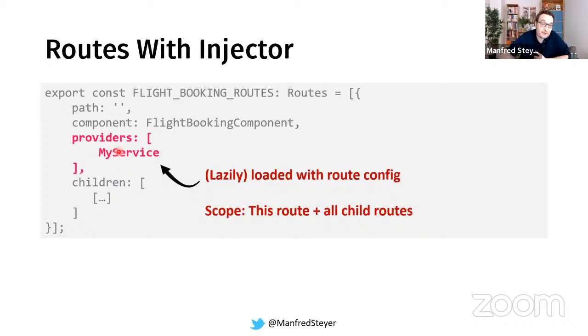Candidates for this are something like ensure X, store module for feature, or a replacement for store module for feature. Something that provides state for this very part of your application.